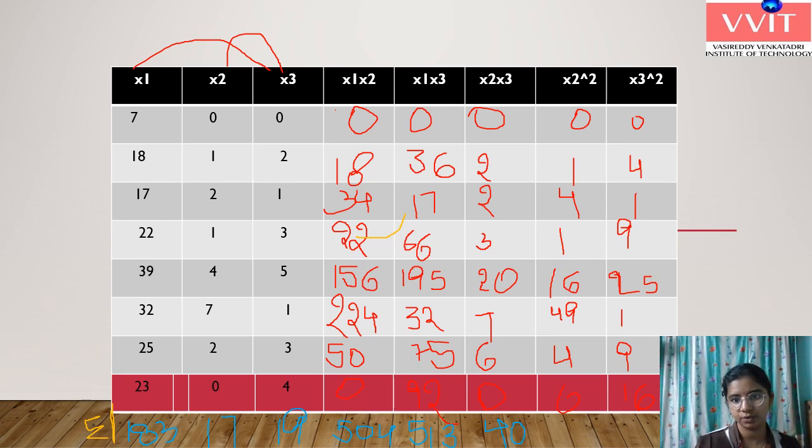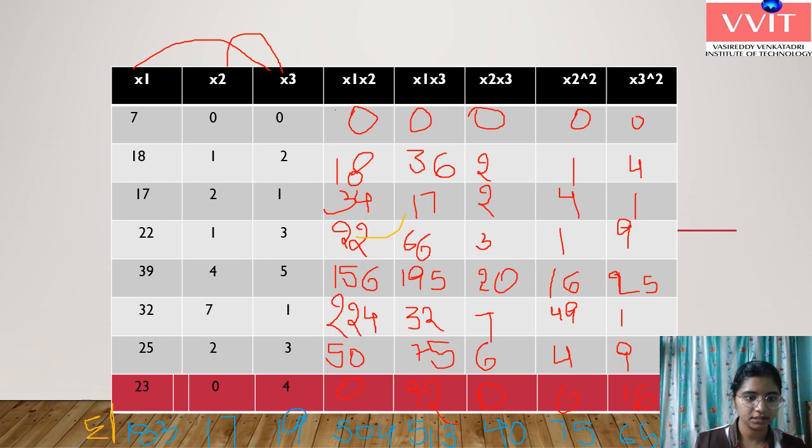Sigma x2 square is 75, and sigma x3 square is 65. So here we got the values of sigma x1, sigma x2, sigma x3.